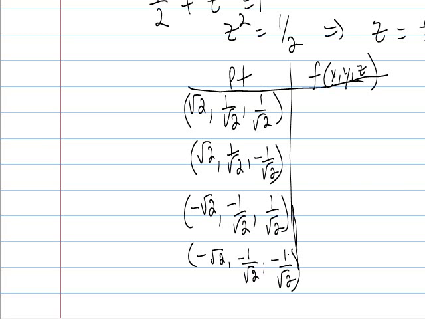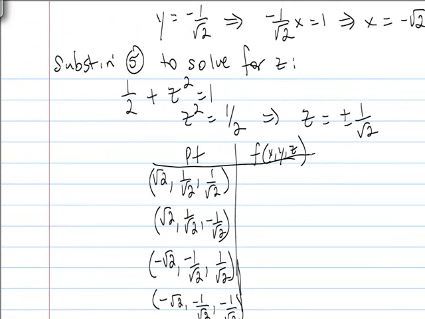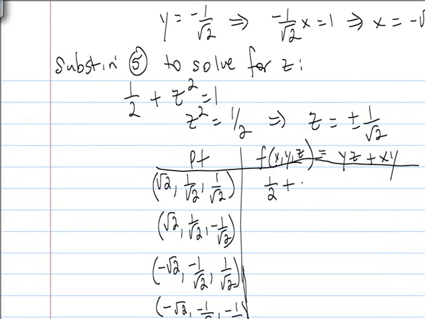Okay. All right, give me the f again. Let me write it in there so I will know what we substitute. Is it xy plus yz? Yz plus xy. Okay, let's work that out. What do we get here? Yz for here is a half plus xy is 1.